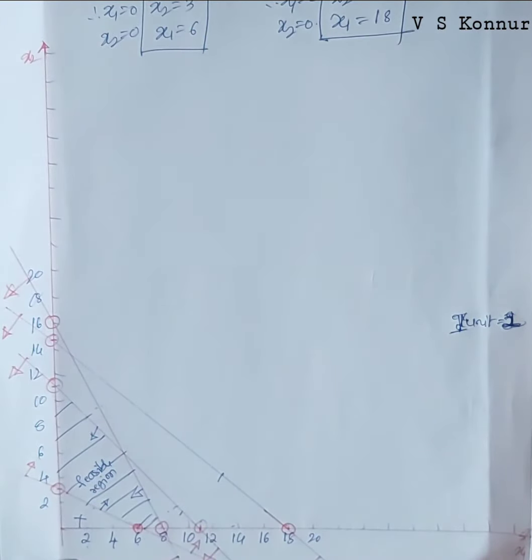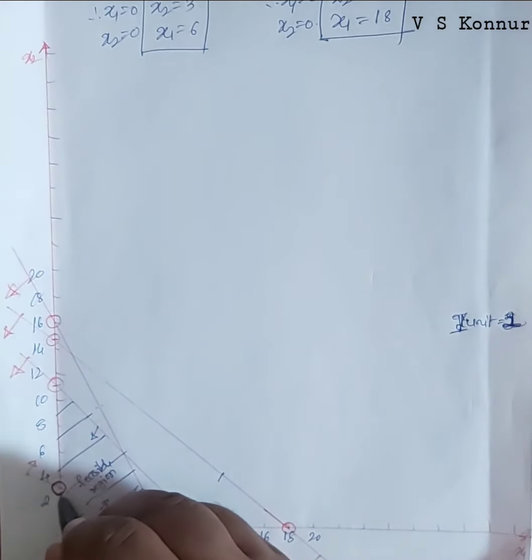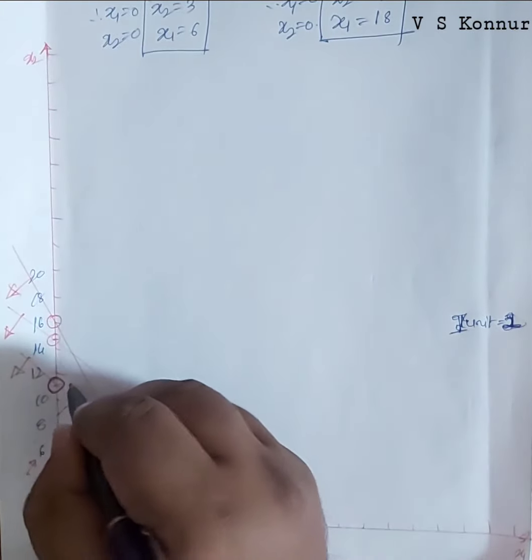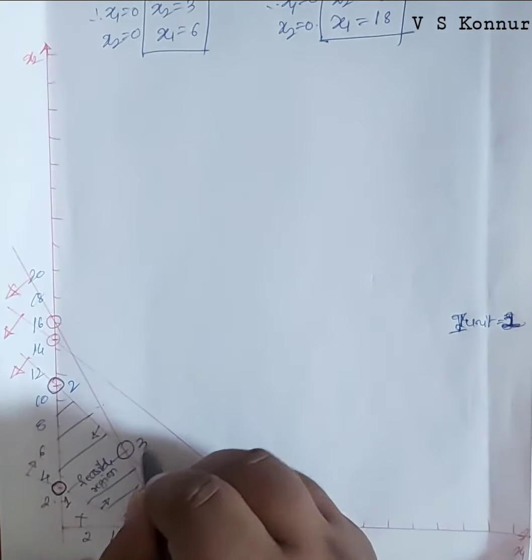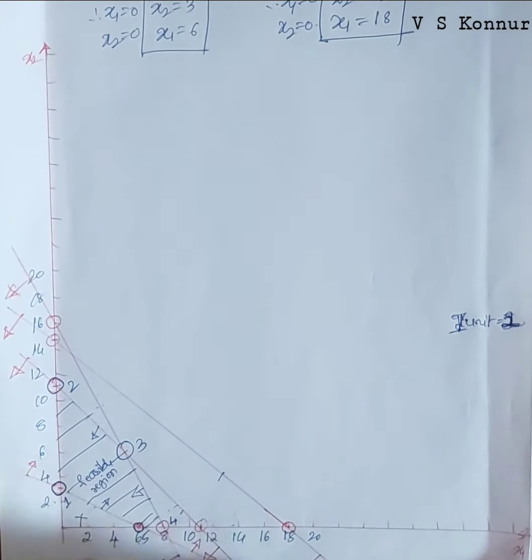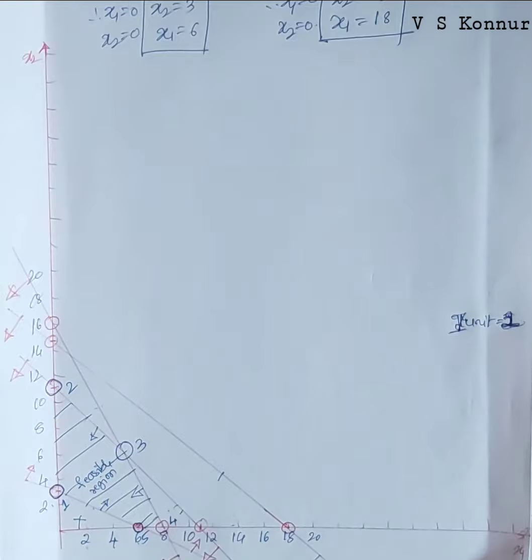Now you will get some corners. You can consider this as the first corner, second corner, third corner, fourth corner, fifth corner. 5 corners we will get here.